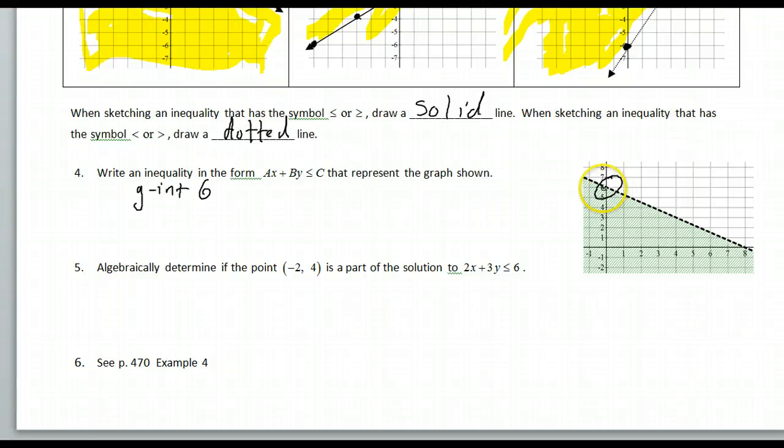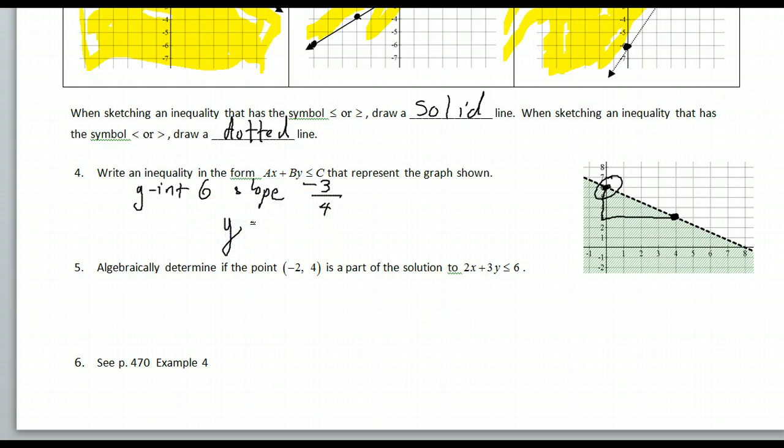So let's find another point on the line. How about here? And we can see that to go from here to this point here, I'm going to go 1, 2, 3 down, 1, 2, 3, 4 to the right. So my slope is down 3, 4 to the right, or negative 3/4.